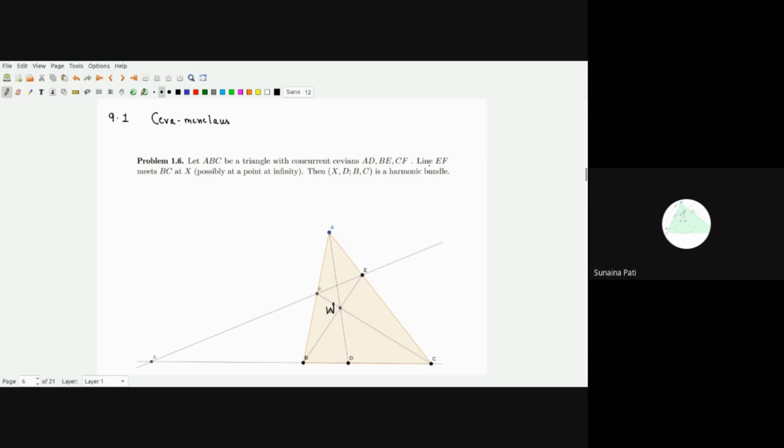Then line EF meets BC at X, which can be a point at infinity, it doesn't matter. Prove that the cross ratio of X, D, B, C is -1. So prove that X, D, B, C is a harmonic bundle. That's the first problem. And if you are done with the first problem, also comment on when X can be the point at infinity.